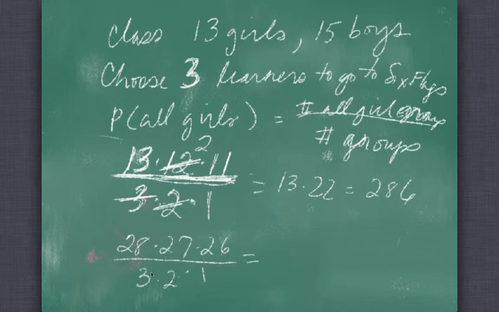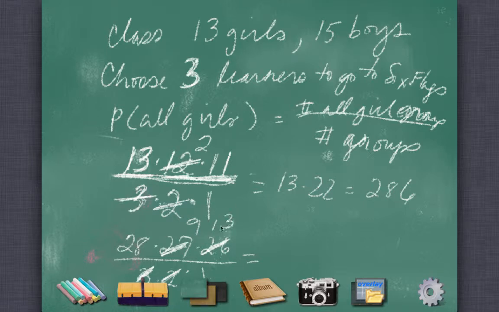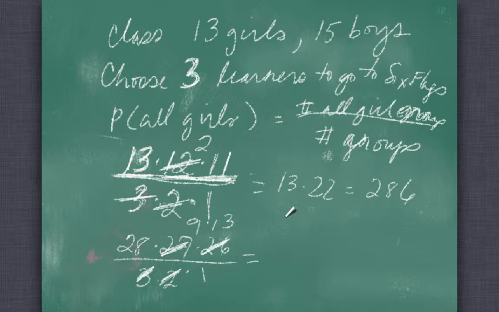So I still counted them 6 ways. This time, 6 doesn't go into any of my numbers, but 3 from 27, 2 from either one of these. So we have 28 times 9 times 13, which I think is 3,276.